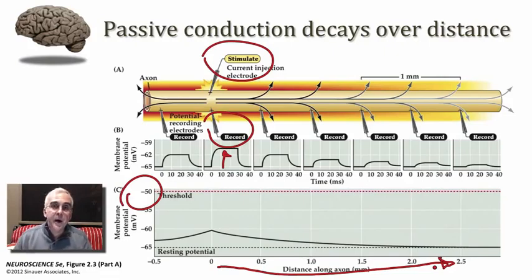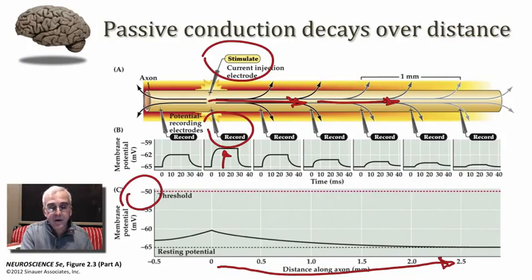Now, when we talk about the passive flow of current along an axon, this is essentially what we're talking about. With a sub-threshold depolarization, all we have is passive current flow down this axon. And due to the leakiness of the membrane, especially in the absence of myelin, there's just not much hope of conducting an electrical signal more than a millimeter or so.